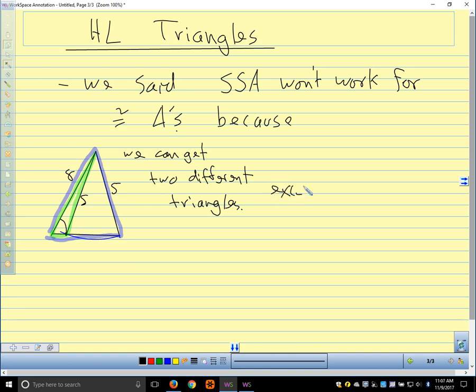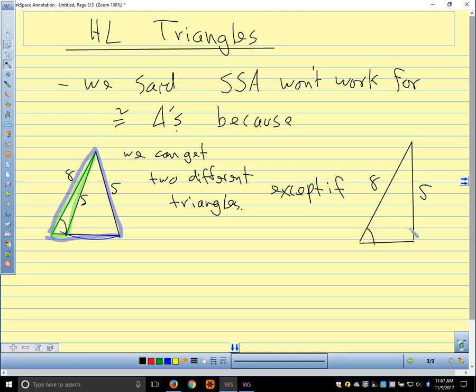Except if I'm going to draw the same setup here, but I'm going to make my triangle a right triangle. So there's that same angle. We're saying that side's 8, that side's 5, and now this is a 90-degree angle. And now if I try to make another triangle like I did before, there's my compass. I'm making the compass open exactly 5.